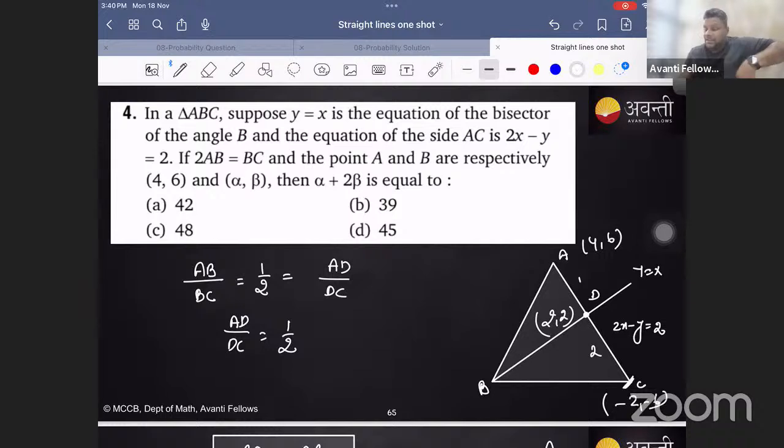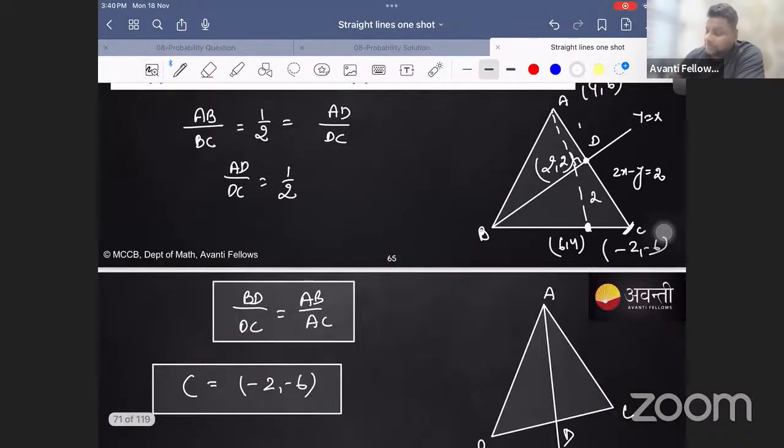Now see, the image of any point in a bisector lies on the opposite side. So the image of (4, 6) in the bisector y equals x will be (6, 4). So now we have 2 points on BC.